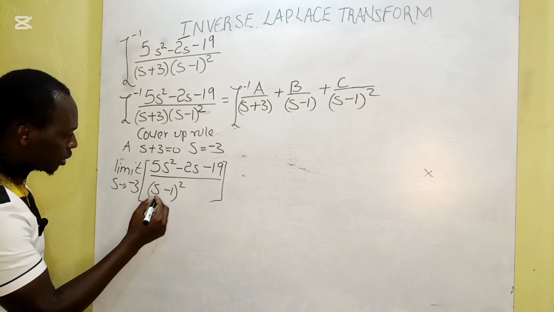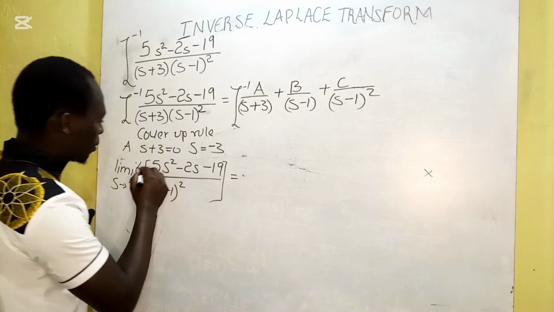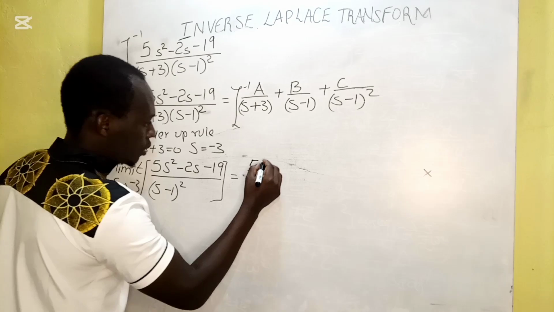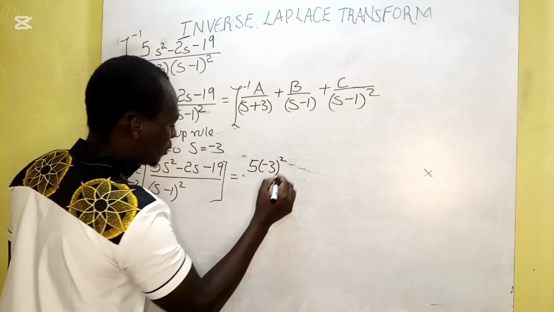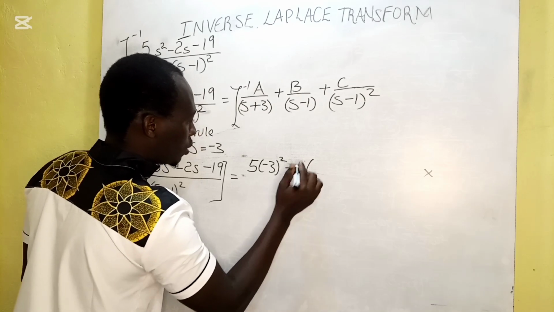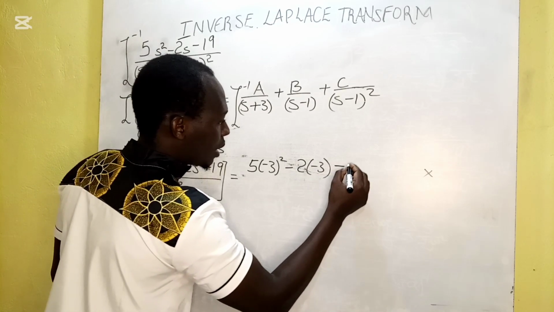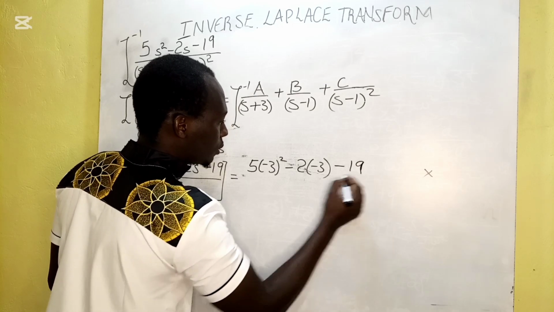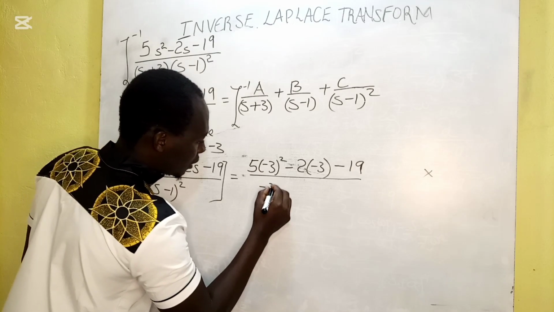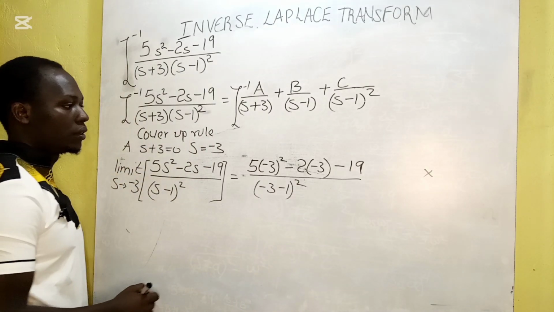Now we are going to have 5 times (−3)² minus 2 times (−3), minus 19, all over (−3 − 1) all over, everything squared.